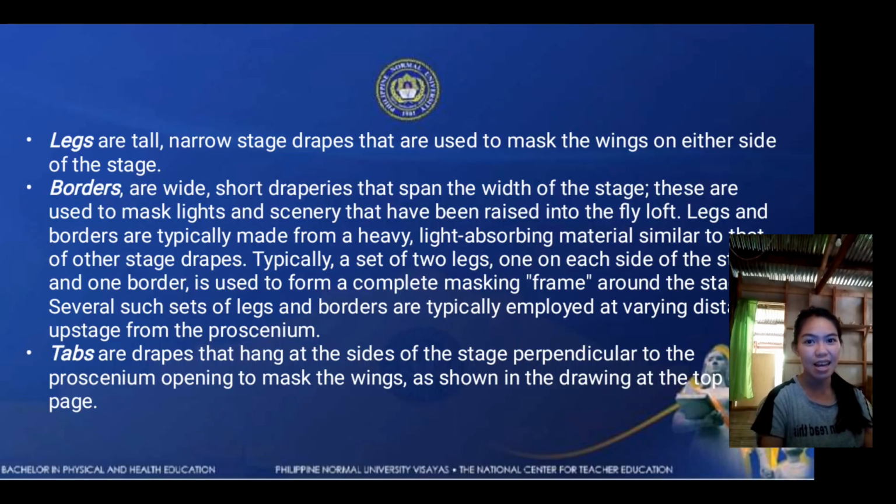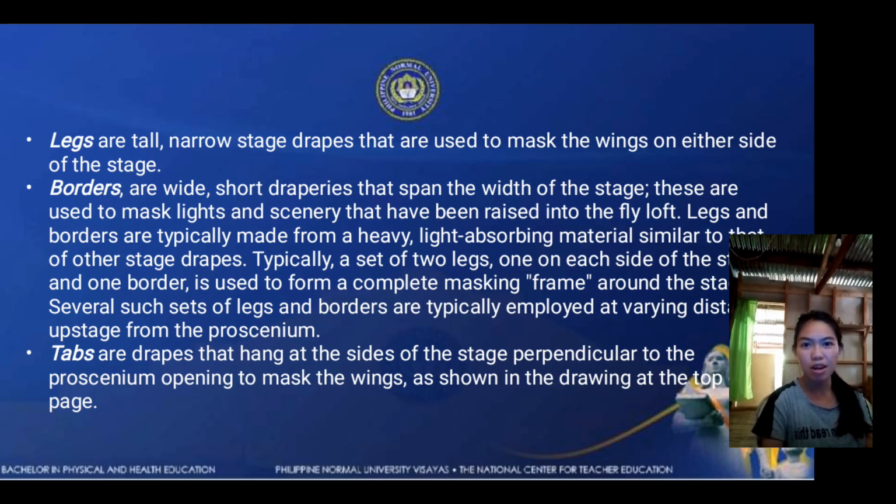So what are legs? Legs are tall, narrow stage drapes that are used to mask the wings on the other side of the stage. So that is the legs, the lower part. Next are the borders. These are wide, short draperies that span the width of the stage. These are used to mask lights and scenery that have been raised into the fly loft.